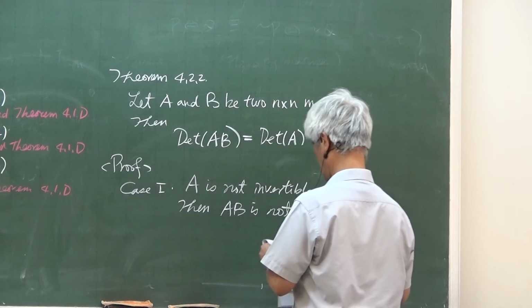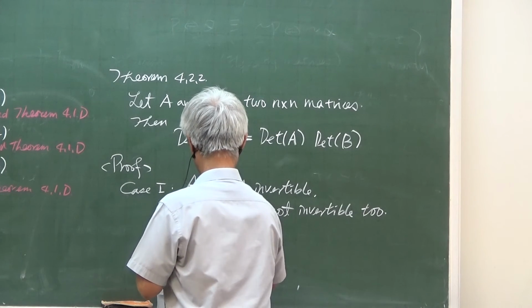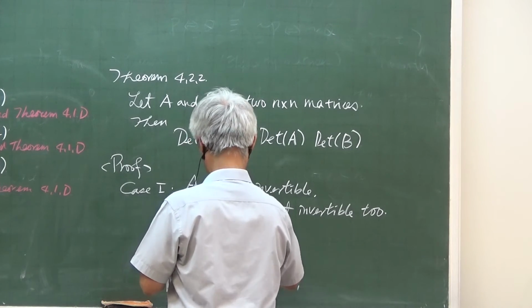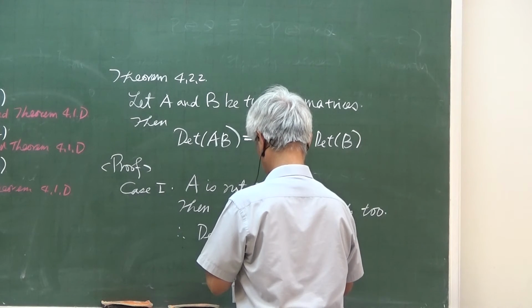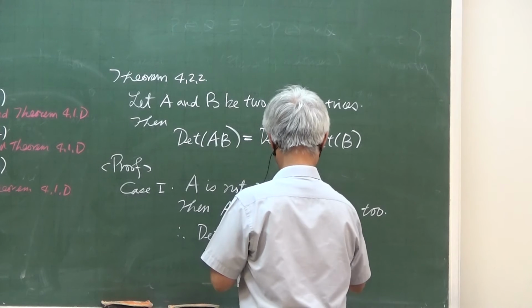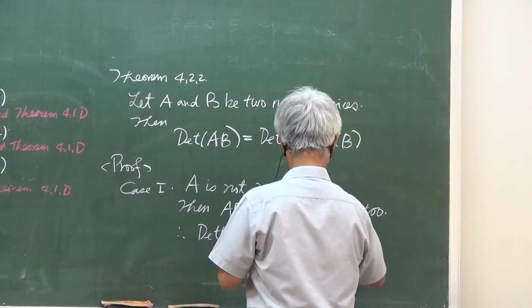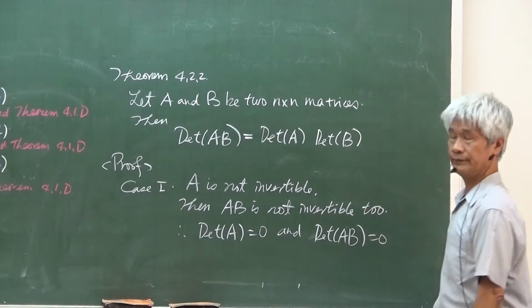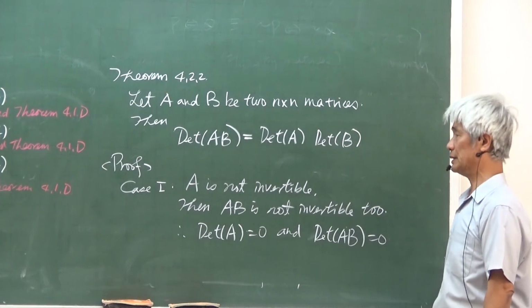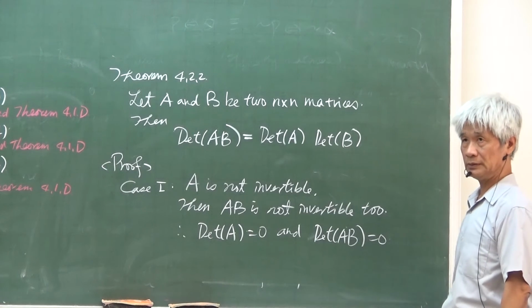So the determinant of A is 0, and the determinant of AB is 0, by the invertible matrix property.